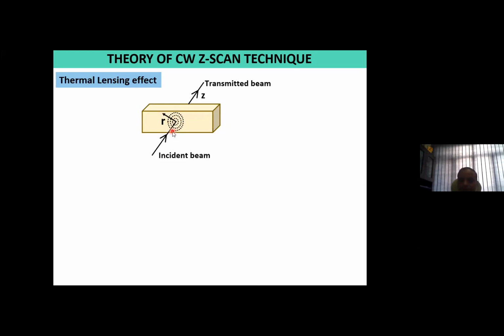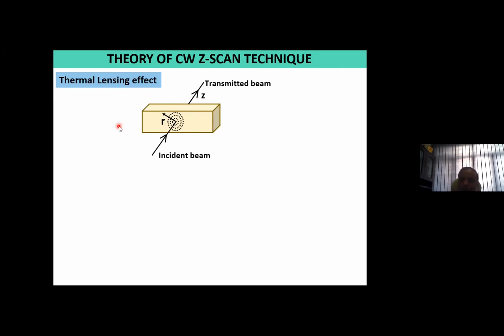As a result, you see a gradient of the refractive index because of the change in temperature and density inside the medium in the radial direction. That means the contribution to the nonlinearity is now not only local but also non-local, which is mostly dominating because of the thermal origin. This phenomenon is known as the thermal lensing effect.